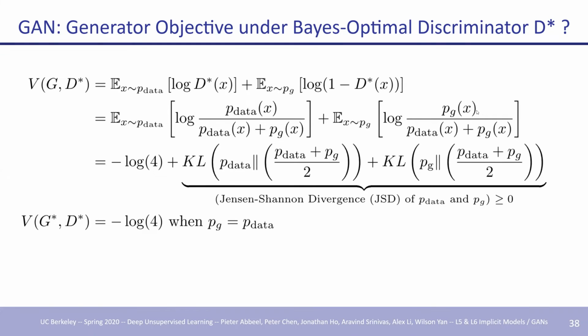If you calculate it, because you're taking 1 minus this fraction, it becomes p g of x over p data plus p g of x. And if you look at it, this is the KL divergence, right? This probability matches this probability, so you can write them as KL divergences. And so this turns out to be the Jensen-Shannon divergence.